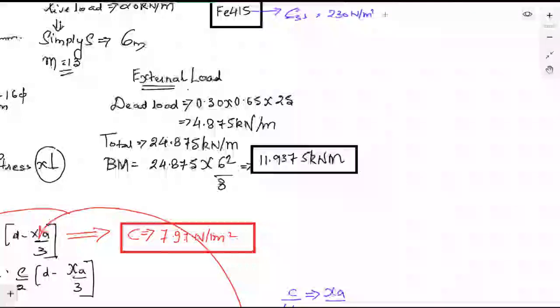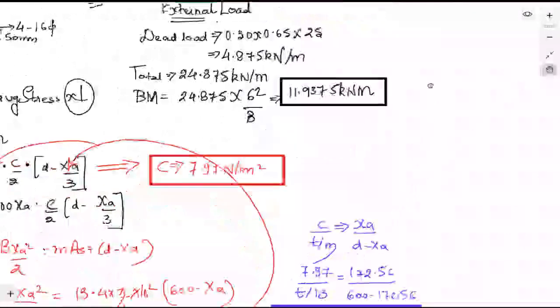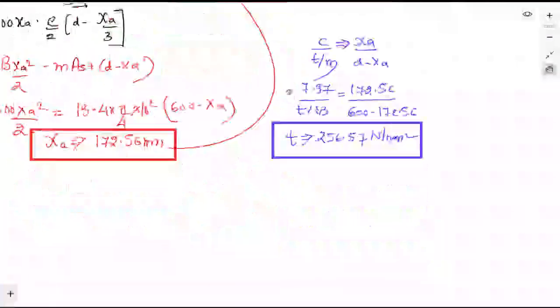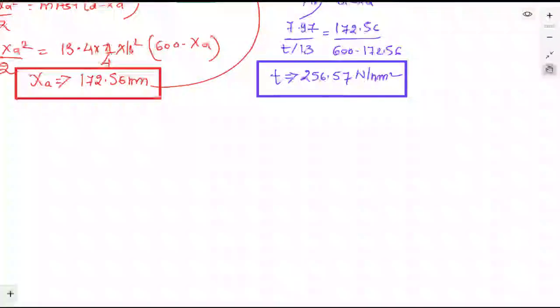But in this question, the values are more than the above permissible values. It means that the M20 and Fe 415 cross section cannot be used. M20 and Fe 415 cannot be used in this type of cases.